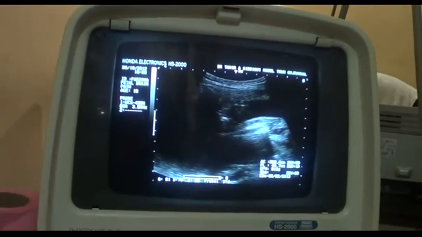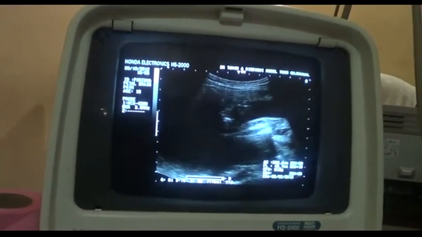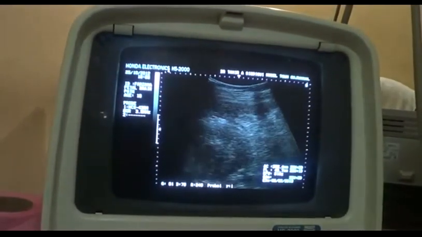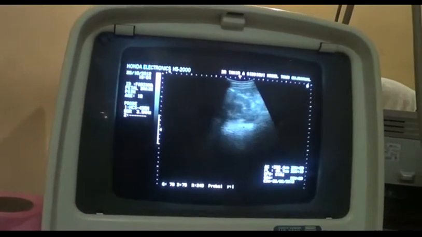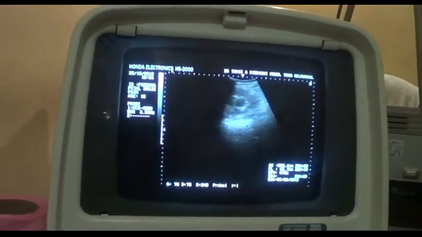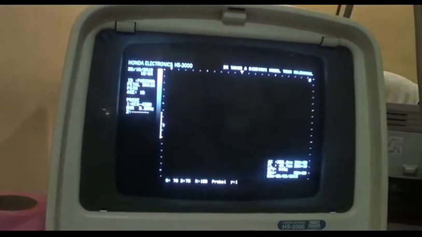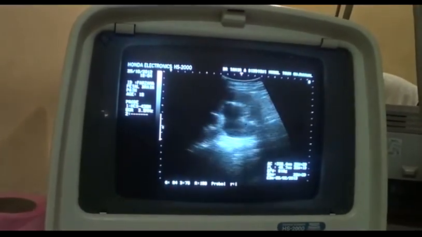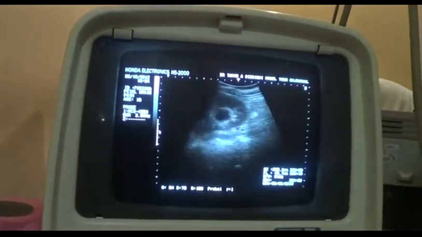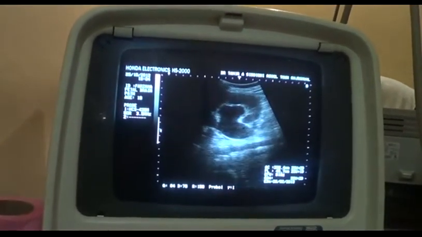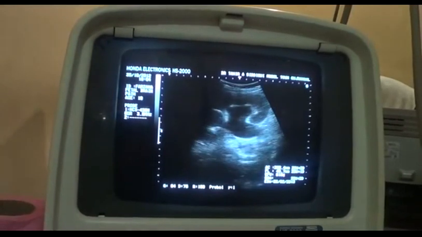As regarding the mother, she is having bilateral obstructive uropathy, bilateral dilation of all the calyces of the kidney. This is the left kidney of the mother, with proximal ureter seen.